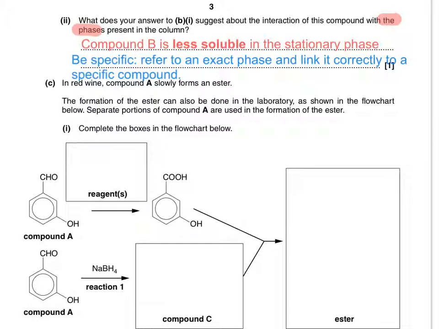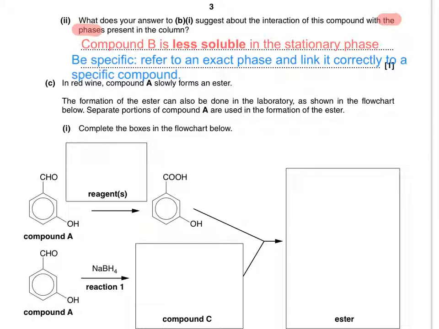You could say compound A is more soluble in the mobile phase. Or you could do the reverse argument with the stationary phase. So there's obviously technically 4 different correct answers you could say, isn't there? But they need to be based around one compound being less soluble in one phase and more soluble in another, and it needs to be the correct compound.